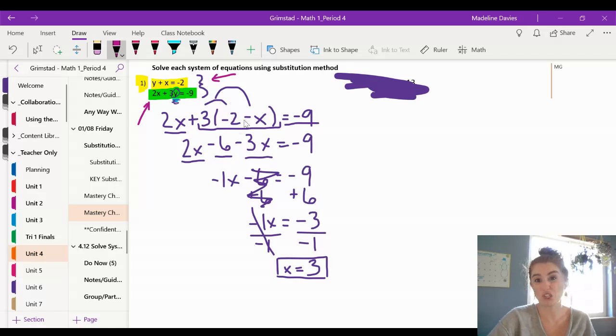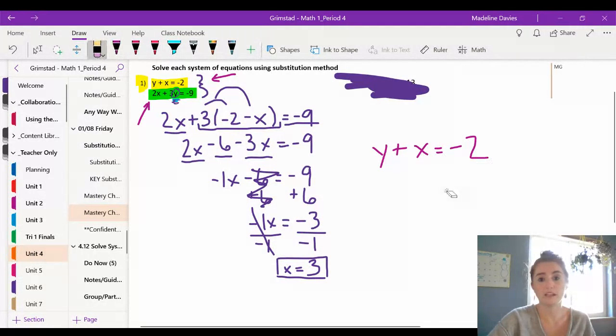Again, the one in yellow looks easier, so that's what I'm going to choose to plug in. I know that x equals 3, and now I'm just going to replace the x. So I have y plus x equals -2, and I'm going to replace this x with 3 because that's what we just found out down here, that x equals 3.